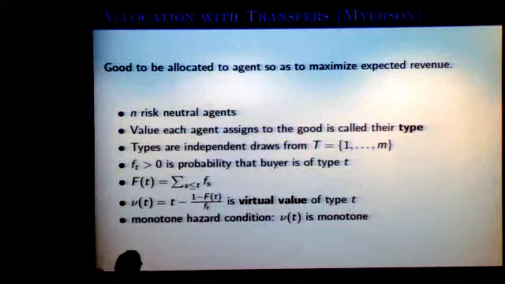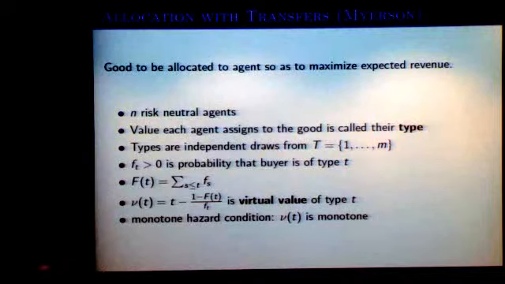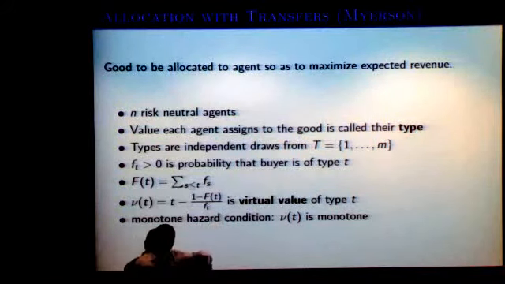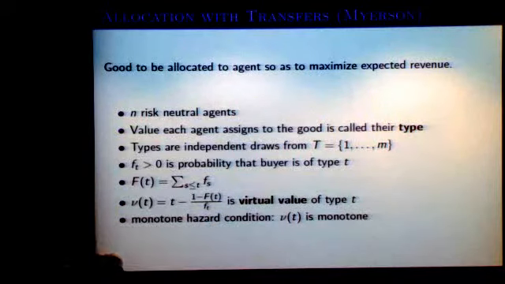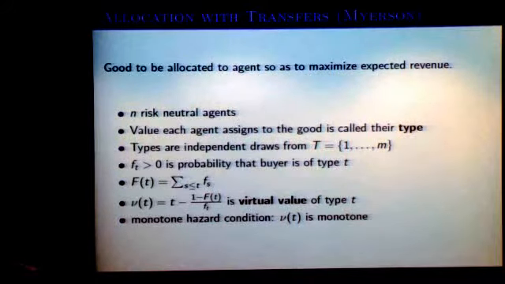So there's a single good to be allocated to agents so as to maximize expected revenue. In this world, transfers are permitted. I have n risk-neutral agents. The value of each agent for the good, again, I'm going to call their type. That's their private information. As before, I'm going to assume types are drawn from 1 up to m. f sub t is the probability that a buyer is of type t, and types are drawn independently.